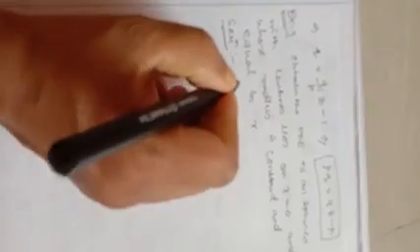Therefore we can write the equation of the sphere with z equal to 0 as (x minus a) whole square plus (y minus b) whole square plus z square is equal to r square.